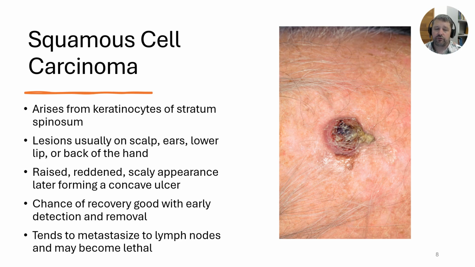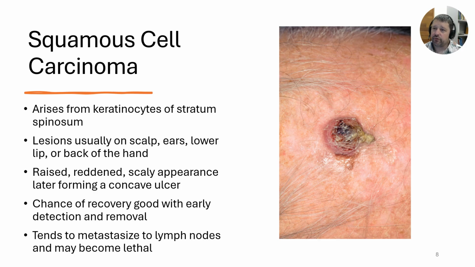The stratum spinosum is where this arises, and normally this is happening on the ears, scalp, the back of the hand, that kind of stuff. It'll be raised, often has a real scaly projection. Sometimes there's a yellowing that occurs, and then later you get a concave ulcer, so it'll be an indentation later when you see that kind of mark.